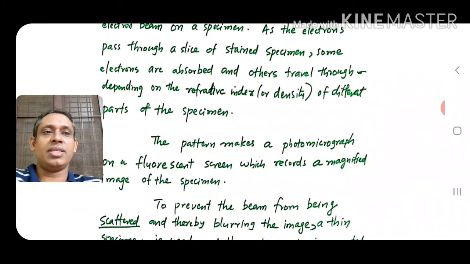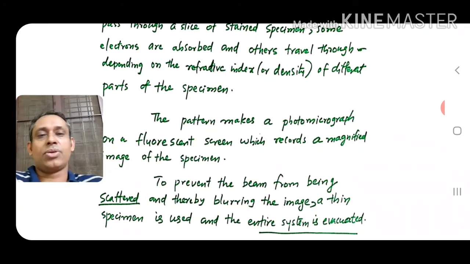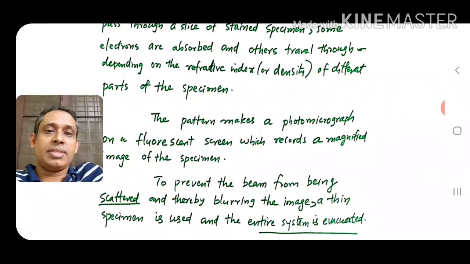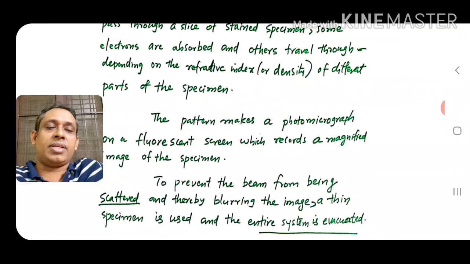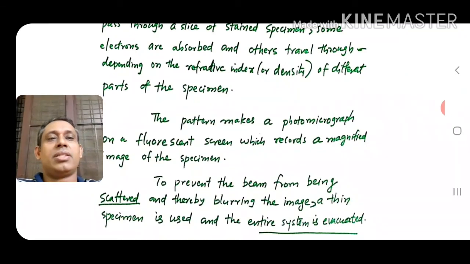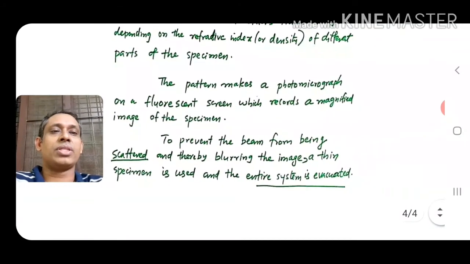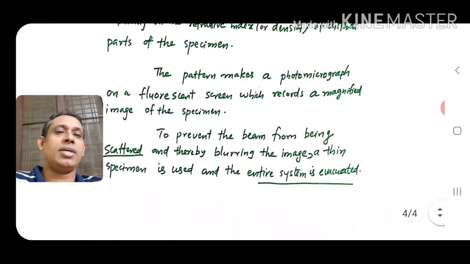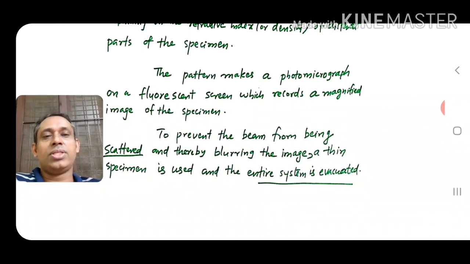The electrons are absorbed at different rates on the different parts of the specimen, so a pattern is formed. The pattern makes a photo micrograph on a fluorescent screen, which records the magnified image of the specimen. So this is what is happening.